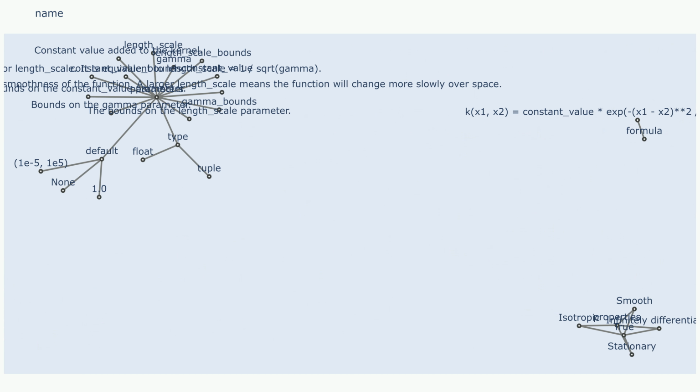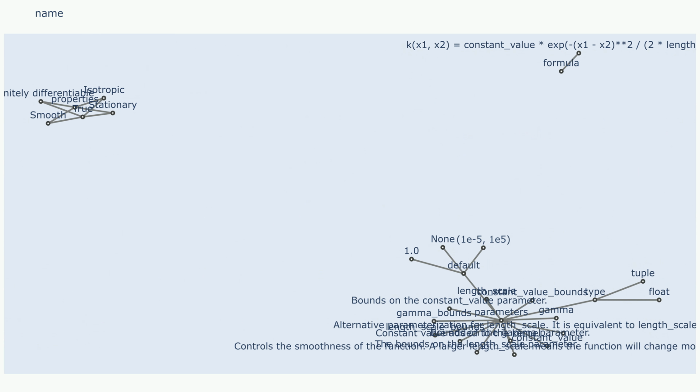A larger length scale creates a smoother curve, while a smaller value leads to a more localized effect. Tuning: the length scale is often tuned using optimization techniques like gradient descent or Bayesian optimization to find the best value that minimizes the error on the training data.